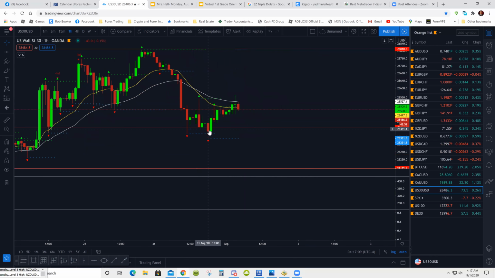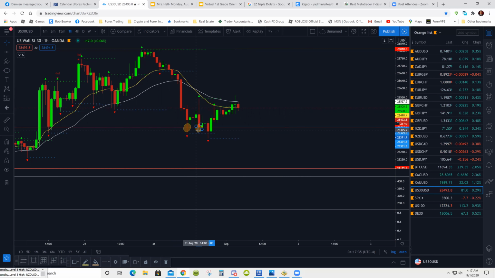Now you see what it did here? It rejected, came back, pierced it, came back up, came back down, closed it. These are all rejection points, folks. You see my marking here?